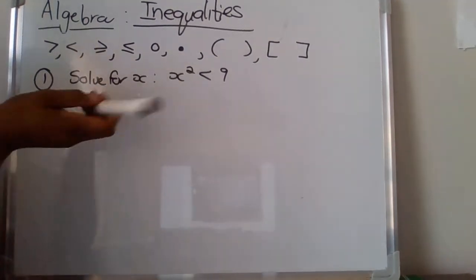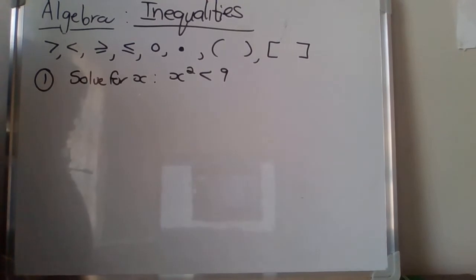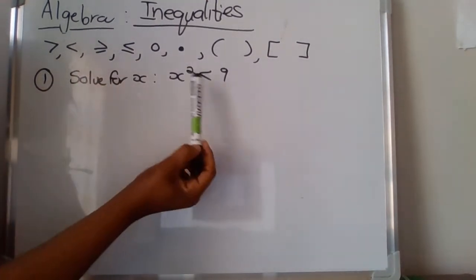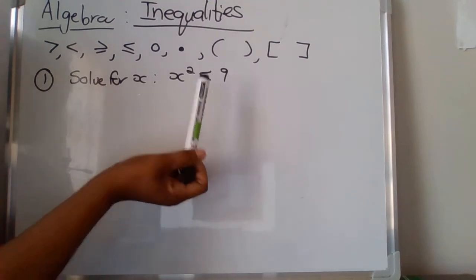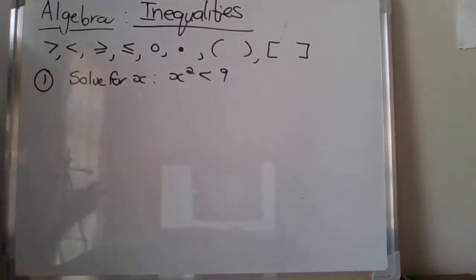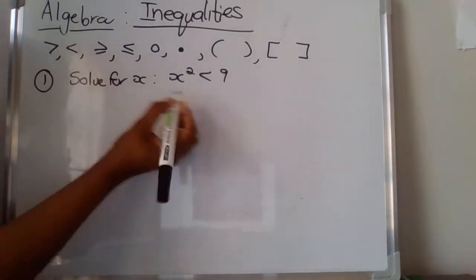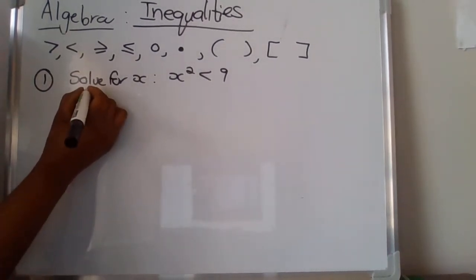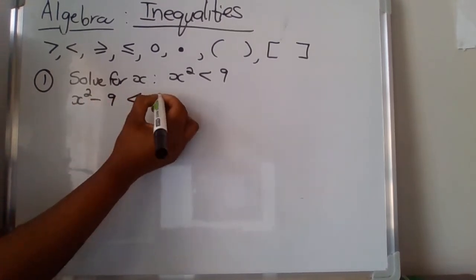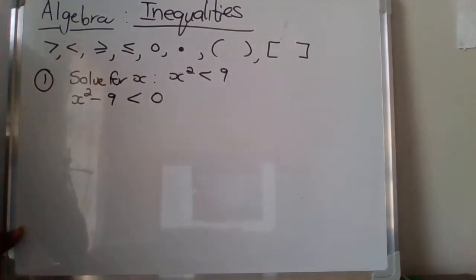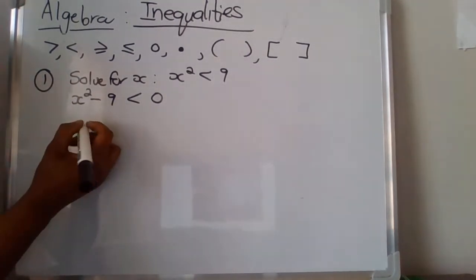Okay, so now let's say you were given a question where you were asked to solve for x, all right? And the inequality is x squared is less than 9. So the first step, what you would do is bring the 9 over, so that it becomes x squared minus 9 is less than 0, okay? And then you will factorize this.